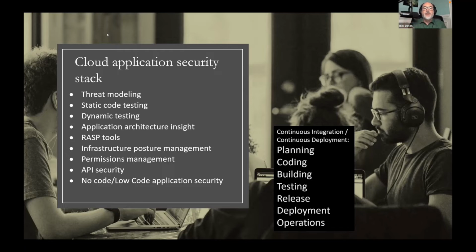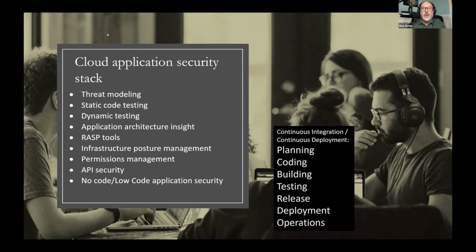Then there's application architecture insight, and this is a unique little phase in between this and when we get into the posture management of the infrastructure, and this is where we transition. The application insight is kind of like a bill of materials. It's the map of what components are involved. It shows you what APIs are called, where the data sources are pulling from, what credentials they're using, and how everything fits together to be able to identify weaknesses.